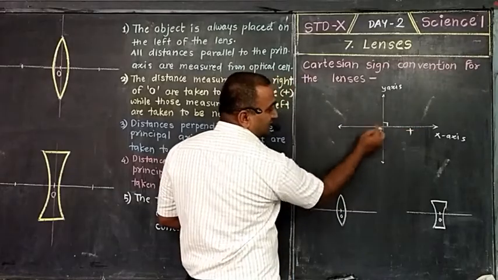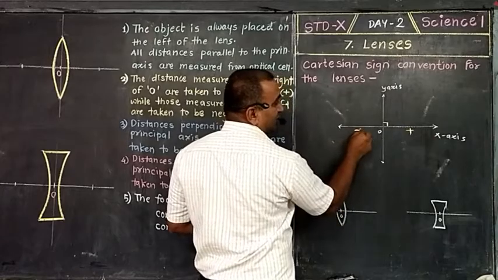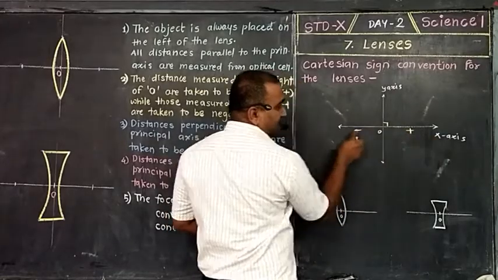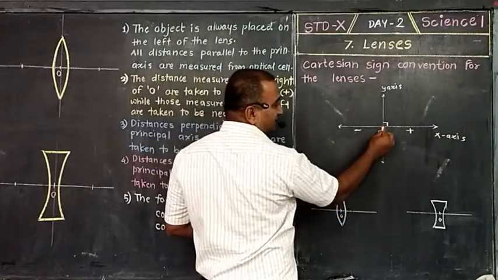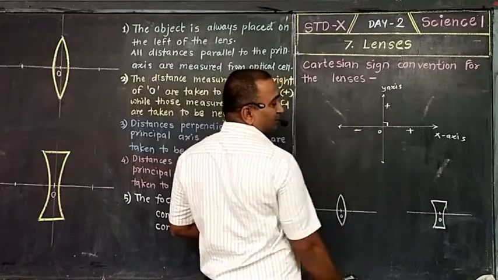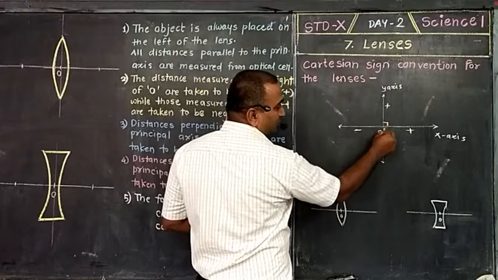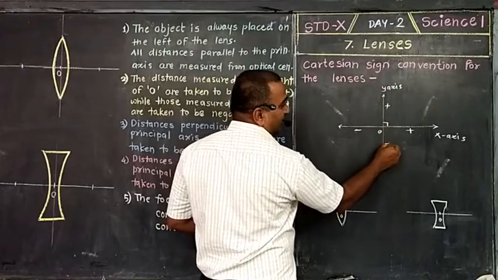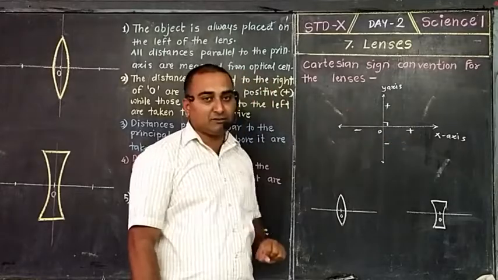All distances to the left of the origin on the x axis are negative. For the y axis, all distances above the origin are positive, positive 1, positive 2, positive 3, and below the origin we consider negative. This is the sign convention for the Cartesian plane.